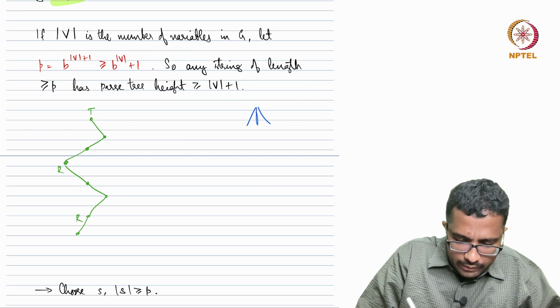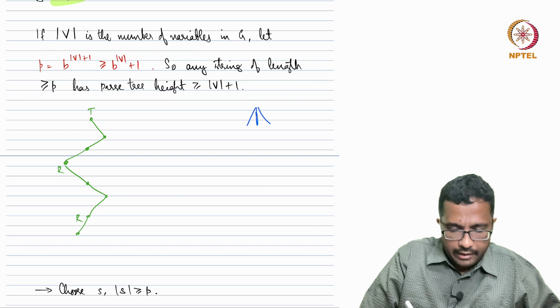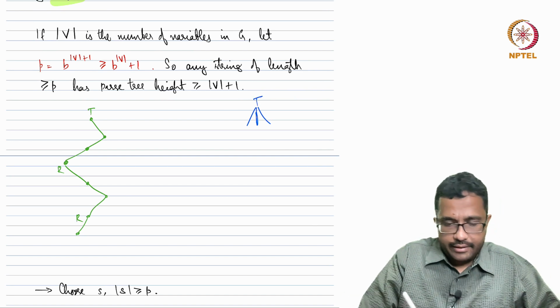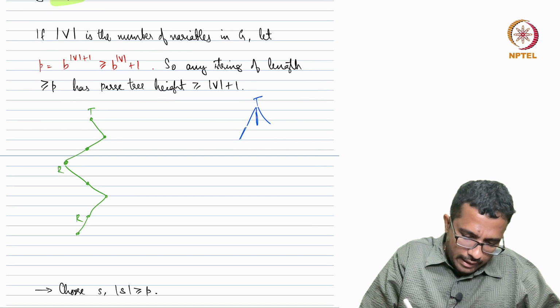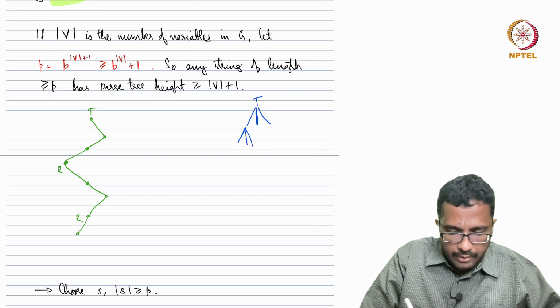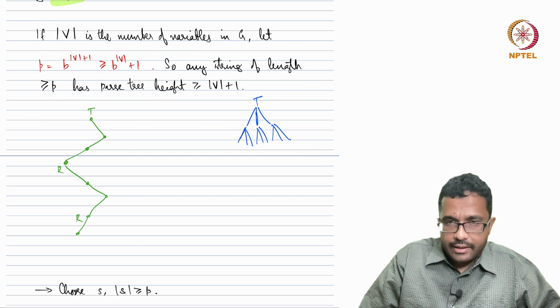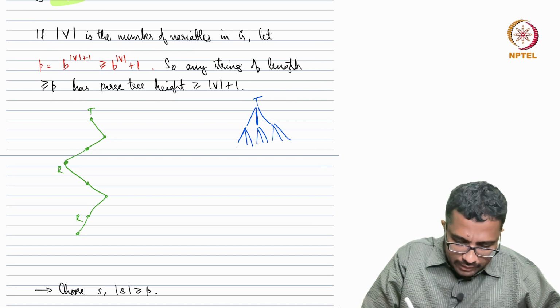So in one step of the derivation, from the starting variable, let's say t, I could get 3 different symbols, and then let's say some of them are terminals, some of them are variables. In the worst case, every one is a variable. They can give rise to 3 more variables each, and this can keep going.